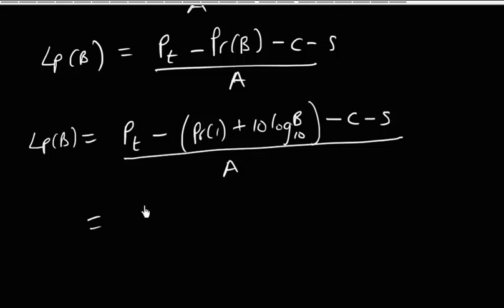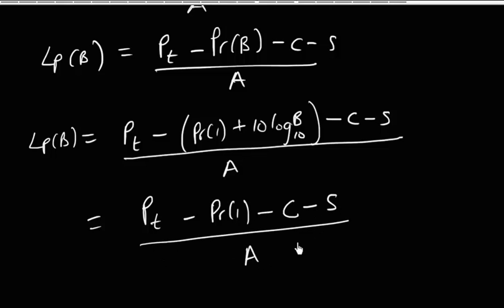Let's write this again well. I'm going to have PT minus PR of 1, minus C minus S over A, minus 10 log B base 10 over A. Do you agree?